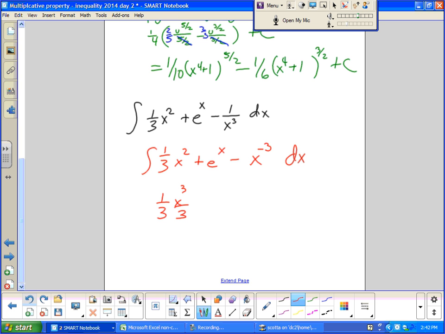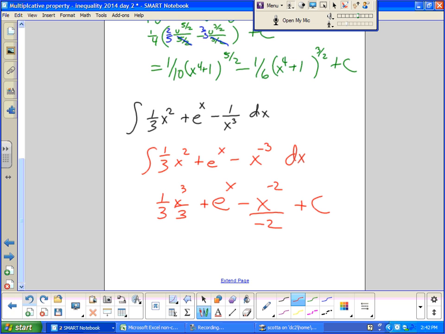And everybody, the 1/3 is a distractor. It's really common. The AP puts it there hoping you'll throw it away. Okay? The derivative of e to the x is e to the x. So the integral of e to the x is e to the x. The last one, we have to add 1 to the power, which makes it -2, not -4, over -2 plus c.